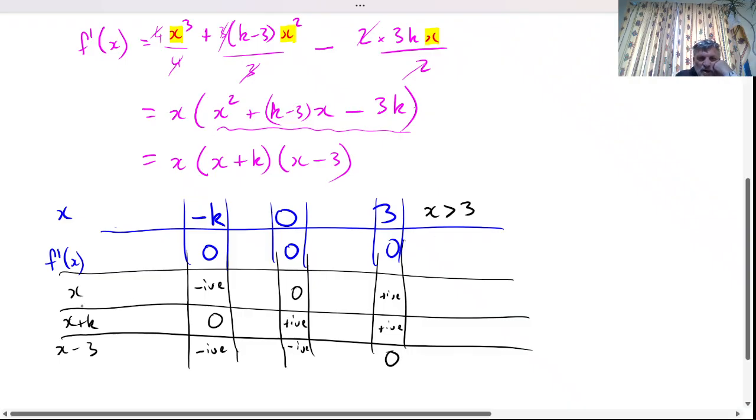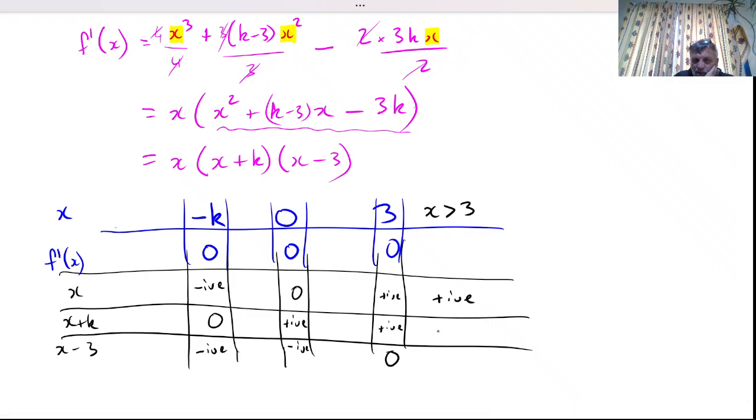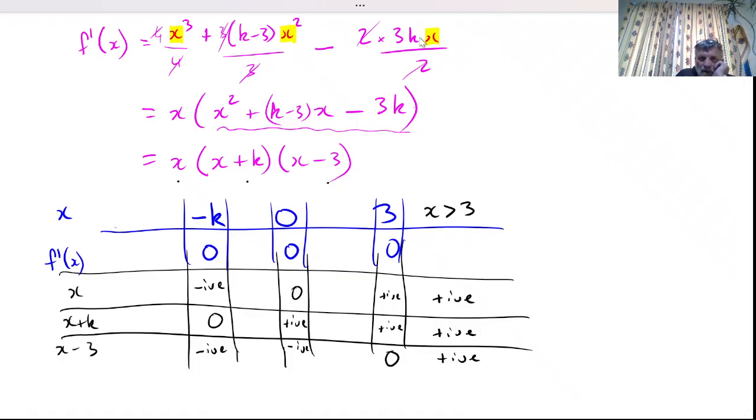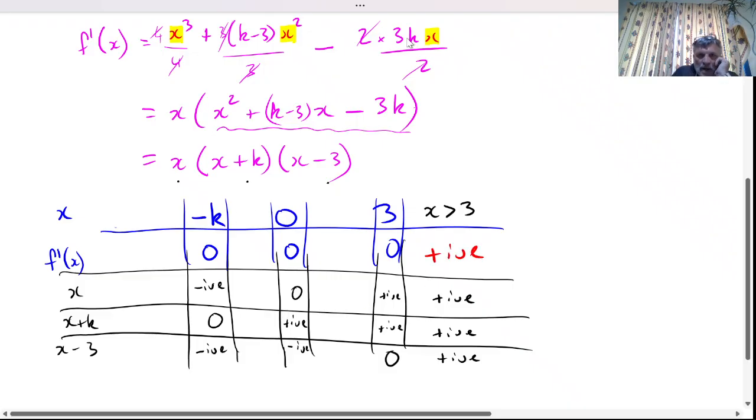So x bigger than 3, x will be positive. Something bigger than 3 plus a positive number is going to be positive. Something bigger than 3, take away 3, will also be positive. So we've got 3 positive numbers which we're multiplying together, so this will definitely be positive. Let's put that conclusion in a different colour.